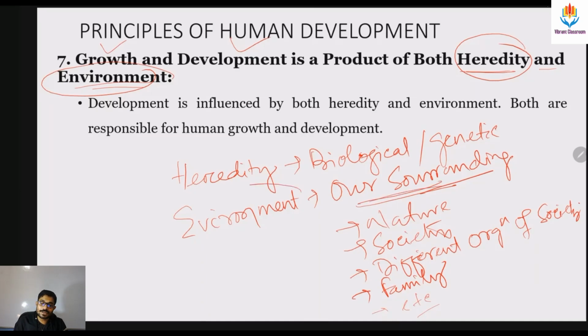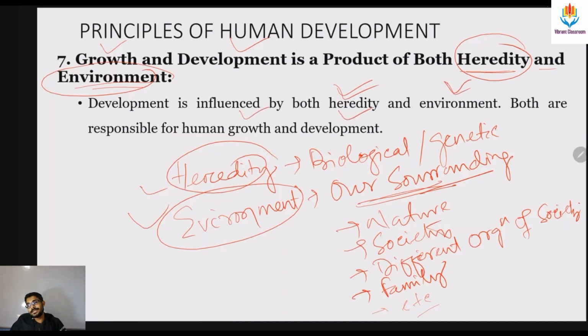We consider these things our environment, and the impact of both heredity and environment is great in the process of growth and development. Development is influenced by both heredity and environment. Both are responsible for human growth and development.